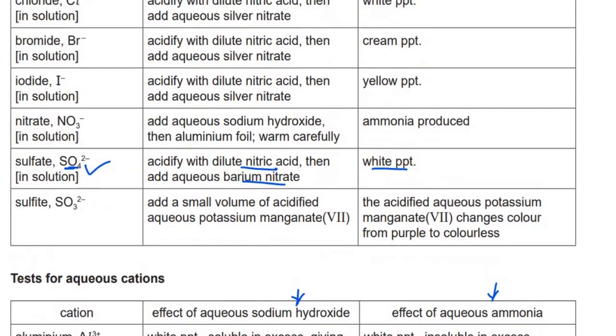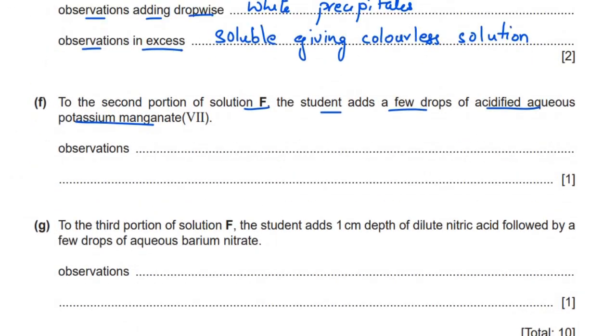Adding a small volume of acidified potassium manganate, the aqueous potassium manganate changes color from purple to colorless. Purple can also be written as pink, because when diluted in a solution it gives pink. So the potassium manganate decolorizes, changes to colorless. That is the observation.